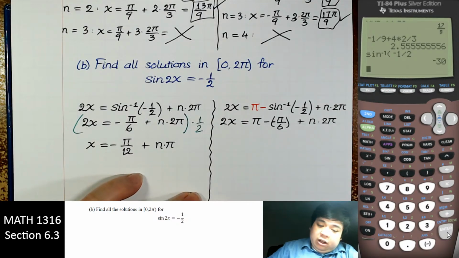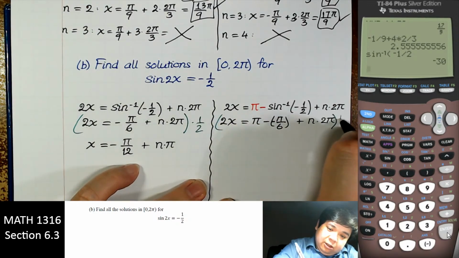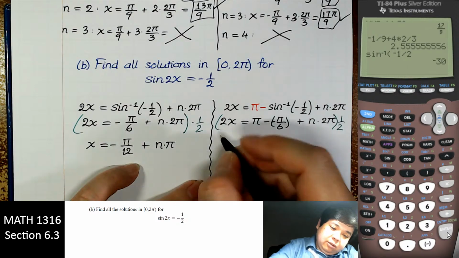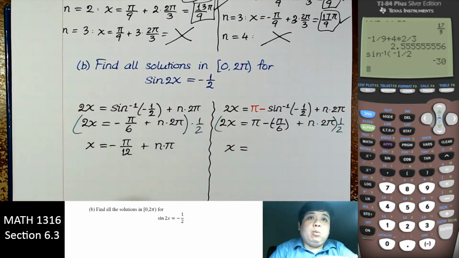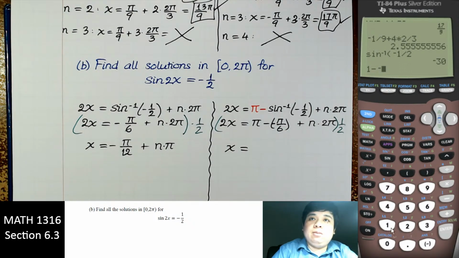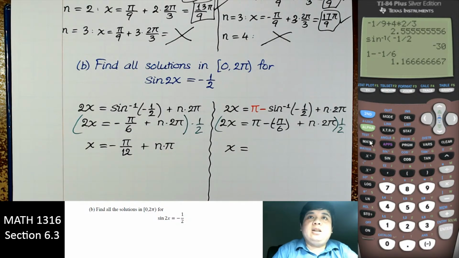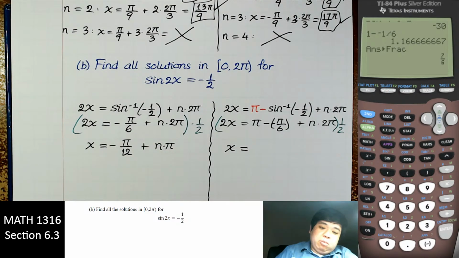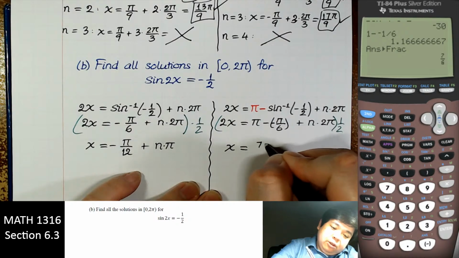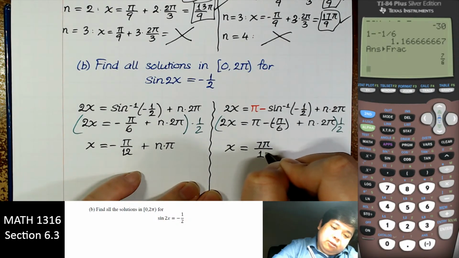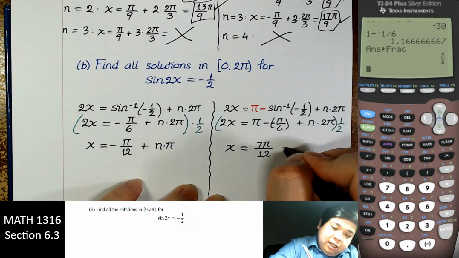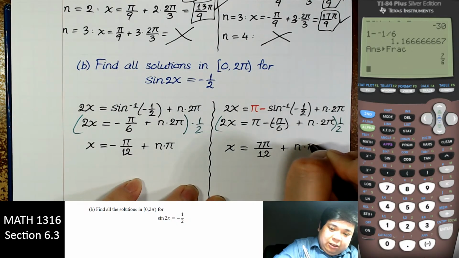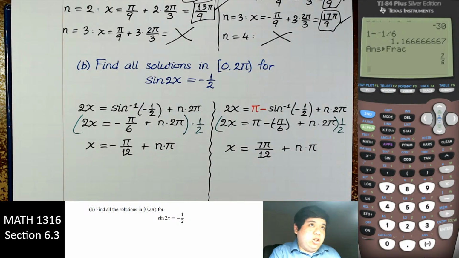And over here, same thing, except here we have 1 minus -1/6, and that is 7 pi/6, and then divide by 2. Right, and then 2 and 2 cancel out. So that is the general solution.